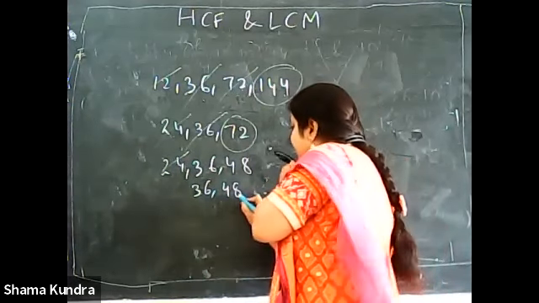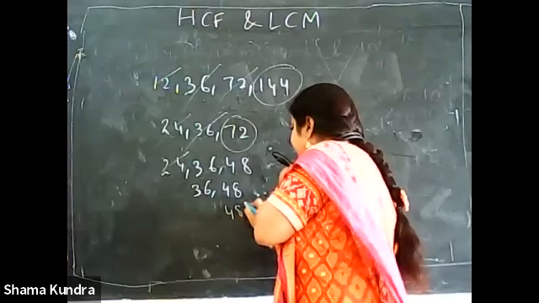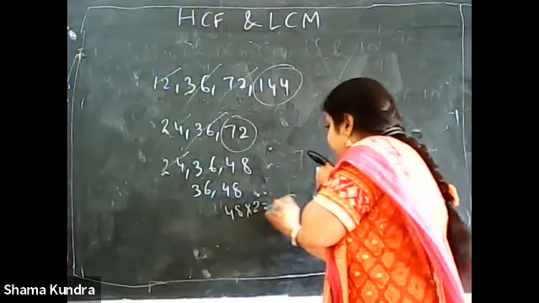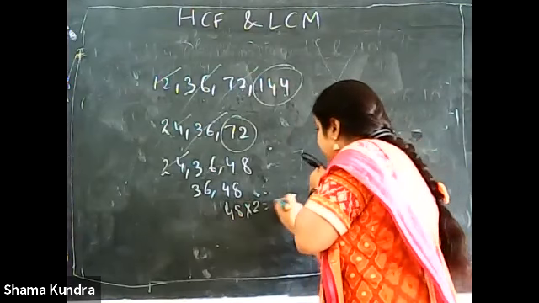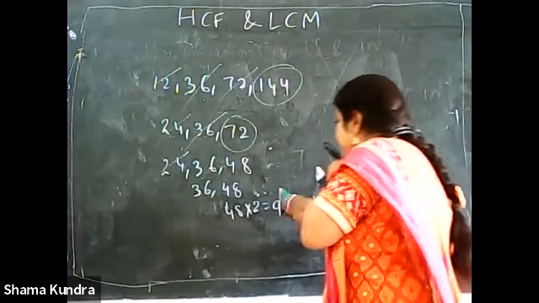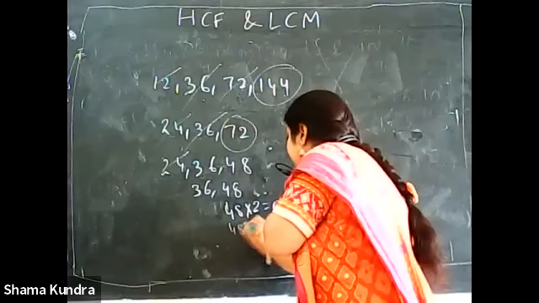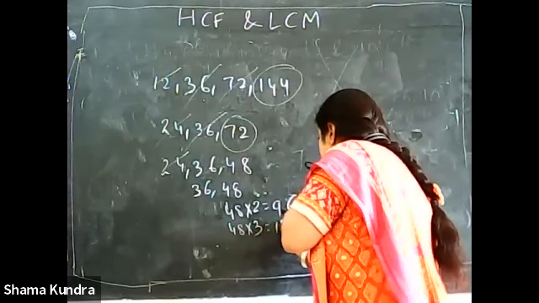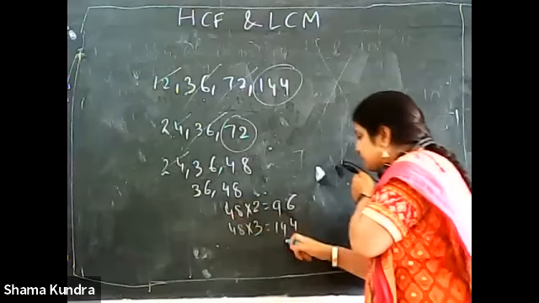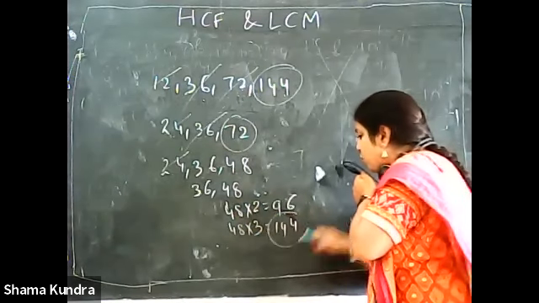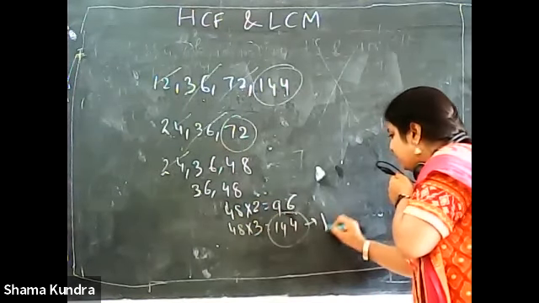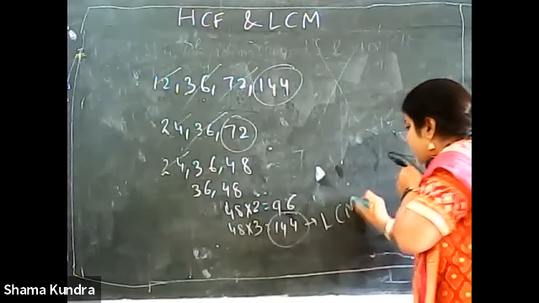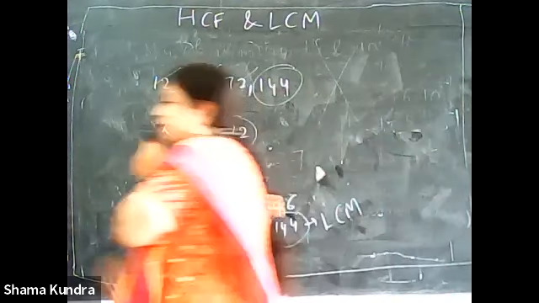The next smart approach is to multiply 48 with 2. What will you get? 96. Can 36 divide 96? No. Now multiply 48 with 3. What will you get? 144. Can 36 divide 144? Yes. So the LCM would be 144. 144 is the answer in this case.